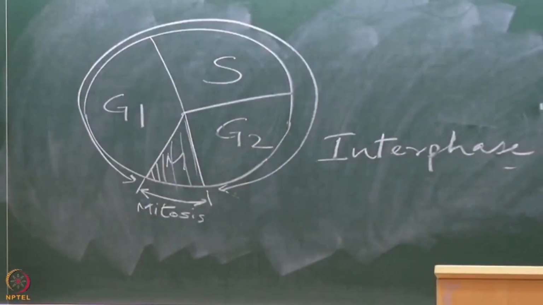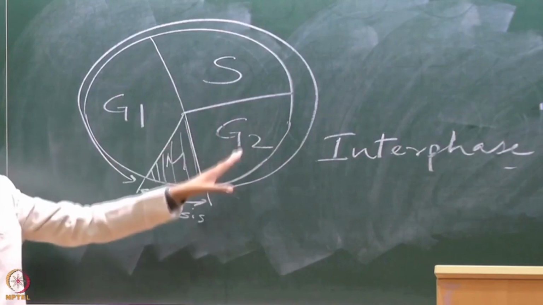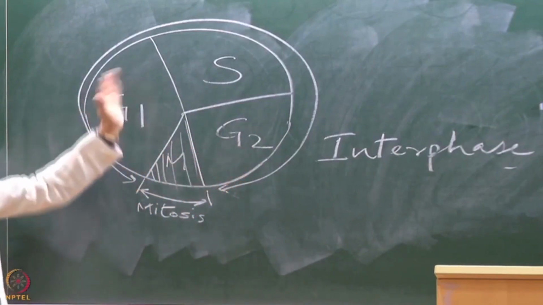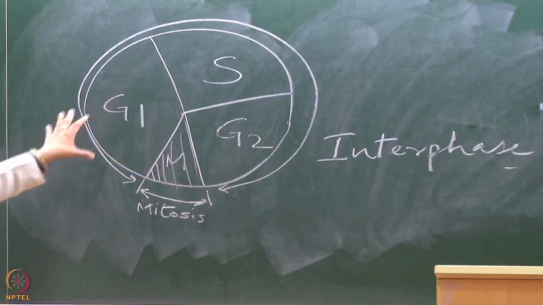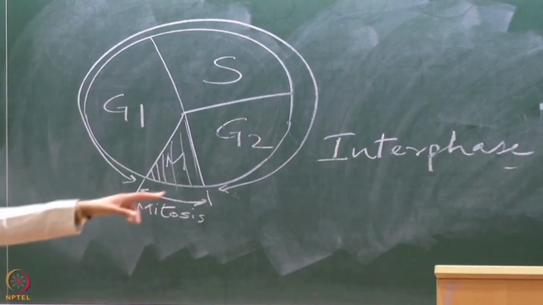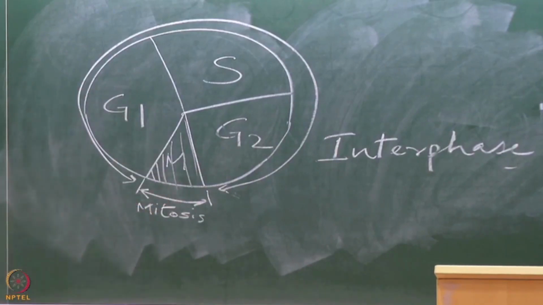Now, the G phase names are a little misnamed, especially the gaps, but these are not gaps, these are actually quite crucial for the cell to prepare. G1 phase ensures that sufficient chromatin is present in the nucleus, and then the cell is ready for DNA replication to happen in the S phase, and then the G2 phase ensures that the DNA replication has occurred properly and the cell is ready for further division in the mitotic phase.